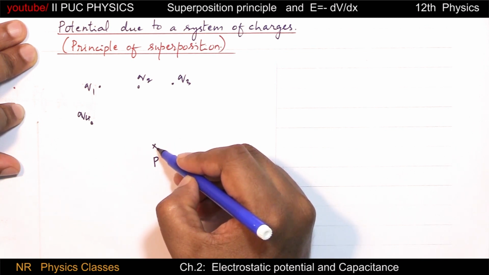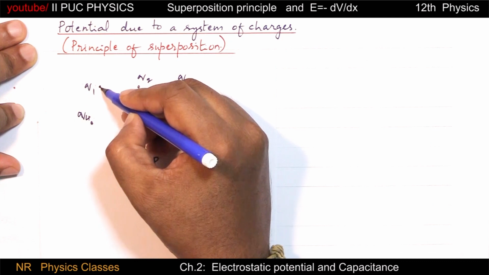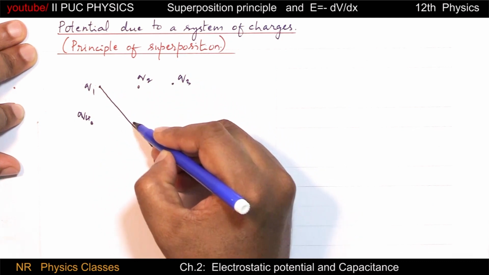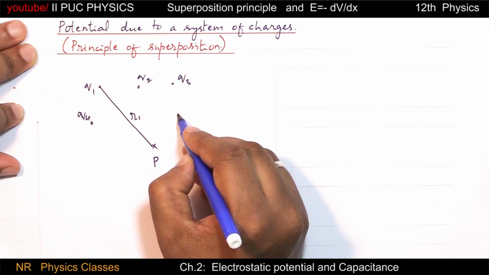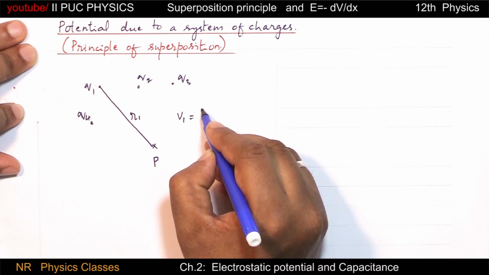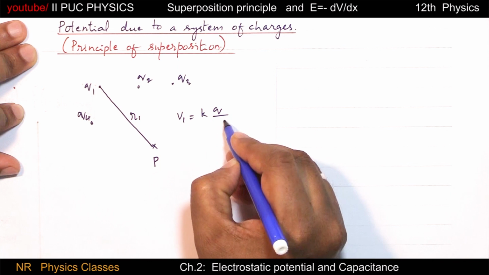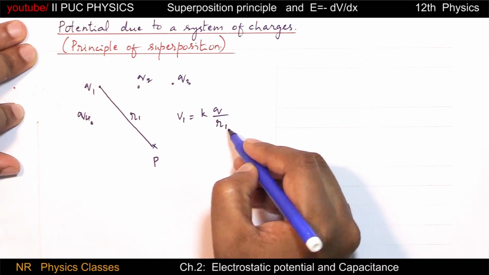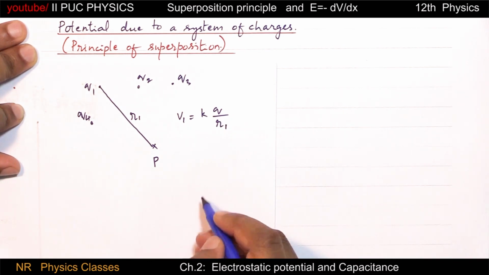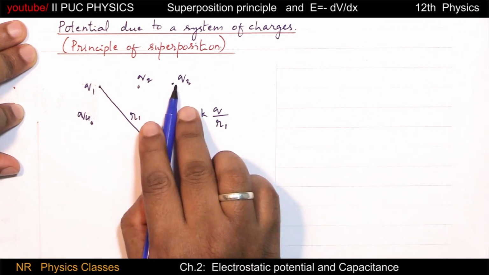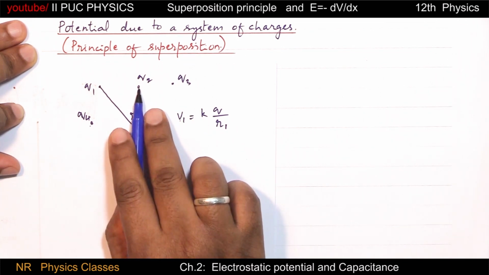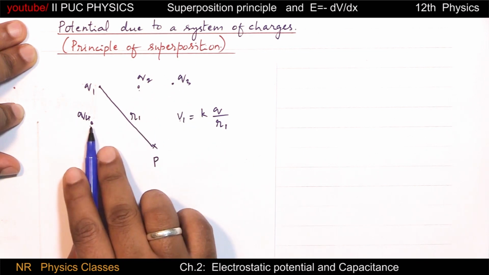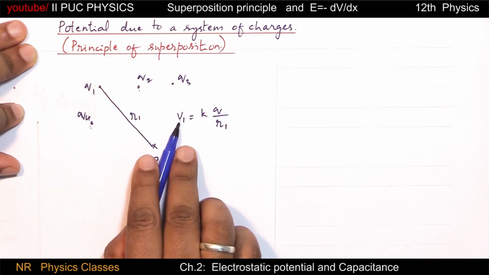the potential at point P due to the first charge, at distance R1, is constant Q by R1. The presence of neighboring charges will not alter this potential, which means these charges will never disturb the value of this V1.